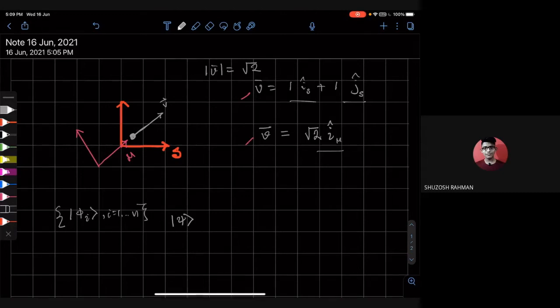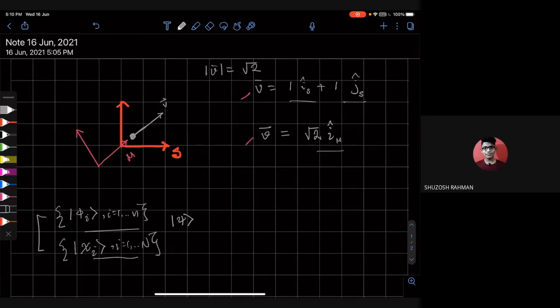And you have another basis, called chi i, where i goes from 1 to n. Now these are bases on Hilbert space. So this could be Shujosh's basis, and this could be Moon's basis.